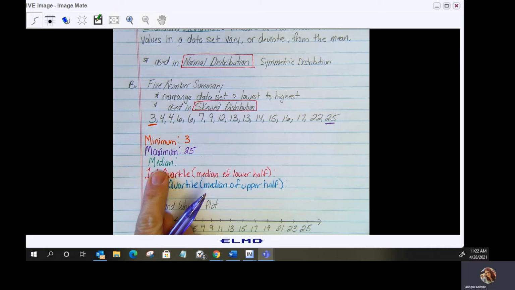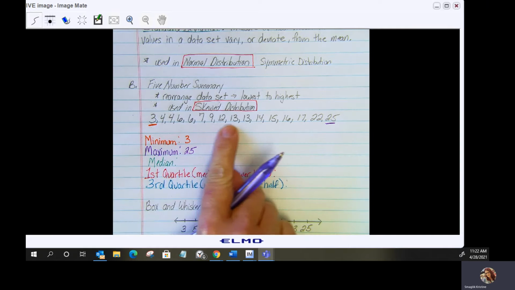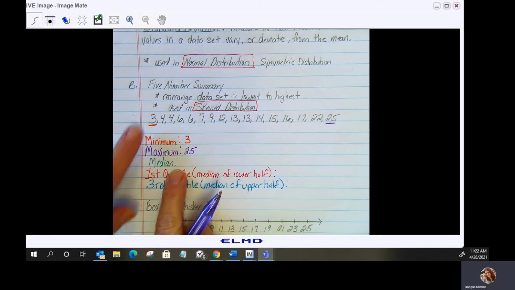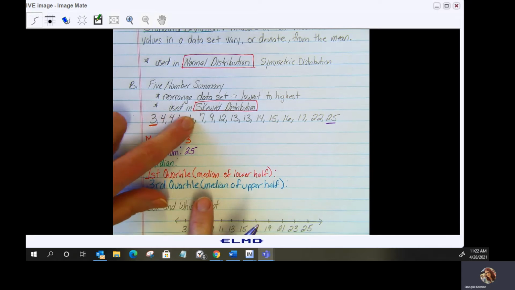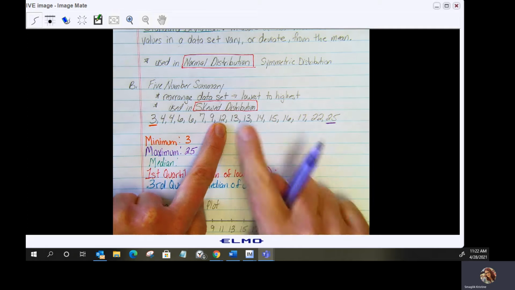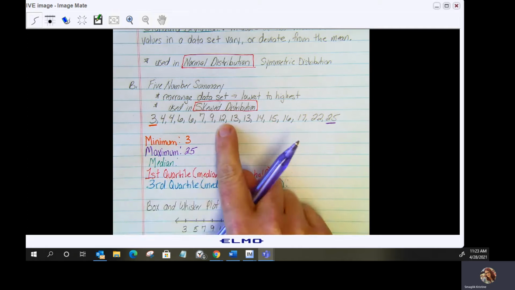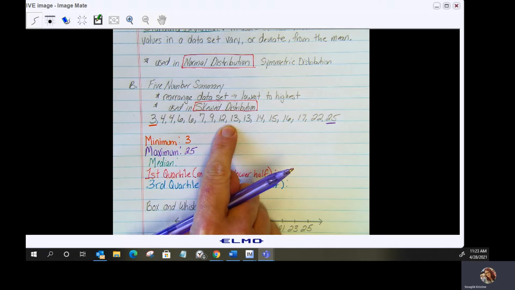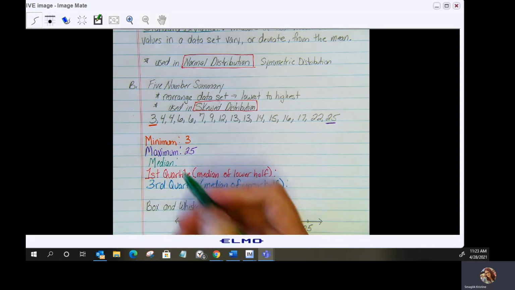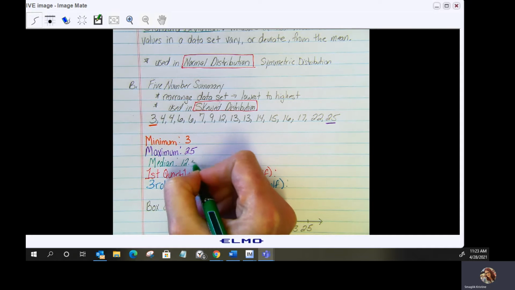Now, when we're finding the median, think about the middle. I have 16 pieces of data in my data set. Half of 16 is 8. That's an even number, so I'm going to have to go 1, 2, 3, 4, 5, 6, 7, 8. It's going to be between the 8th and the 9th data value. We can easily see here that's going to be 12.5, but let's take a closer look, because this one's nice and obvious, but they are not always so obvious.